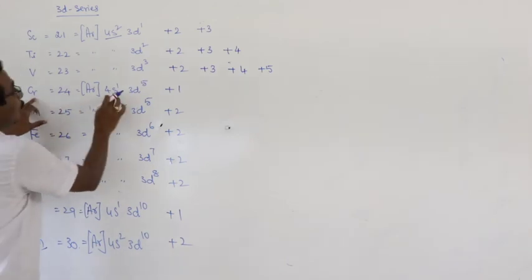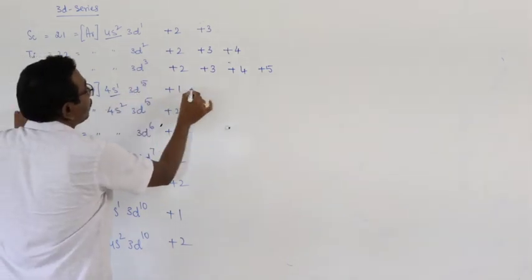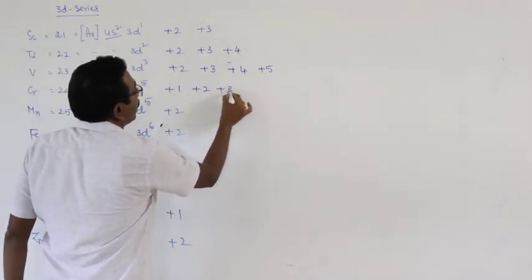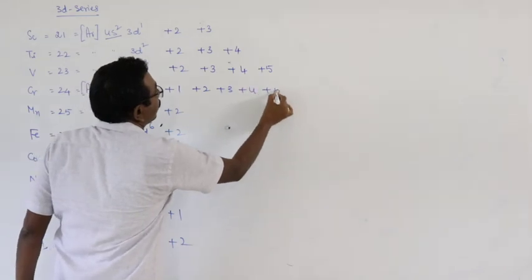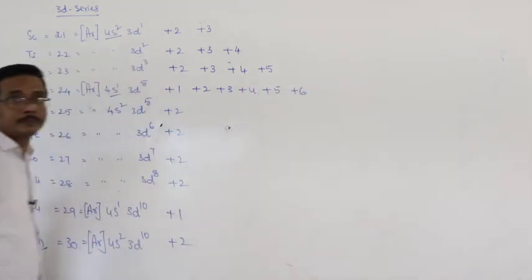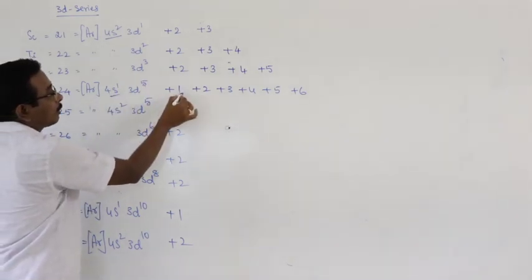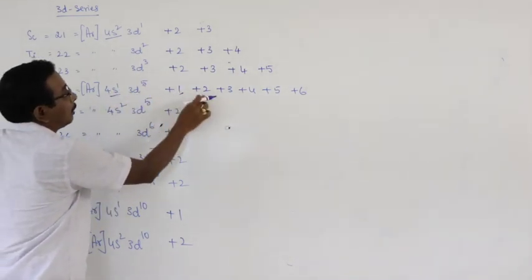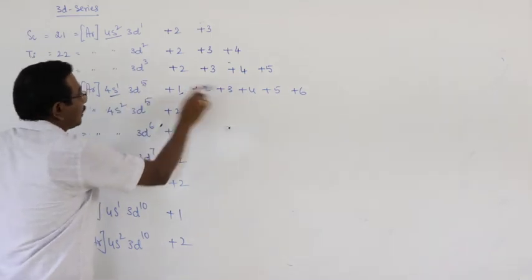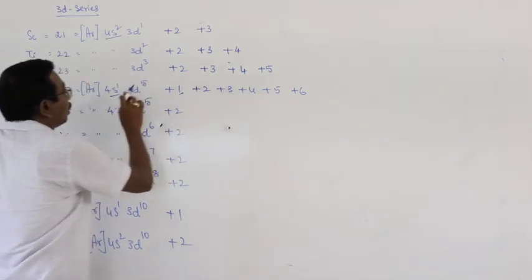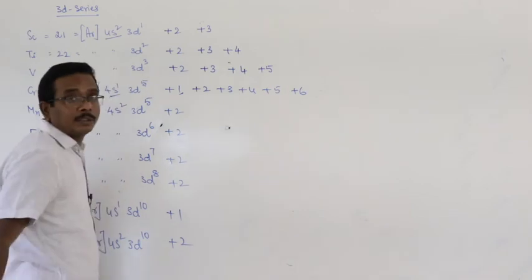And next, chromium +1, and here +1, +2, +3, +4, +5 and +6. 1 electron lost, +1 oxidation state, 1 + 1 = +2, 1 + 2 = +3, 1 + 3 = +4, 1 + 5 = +6.